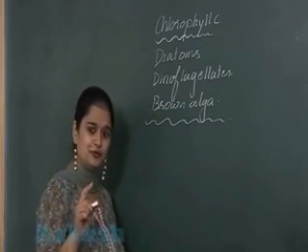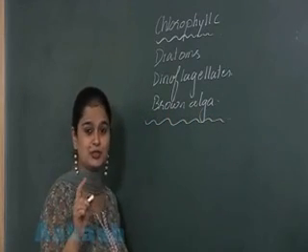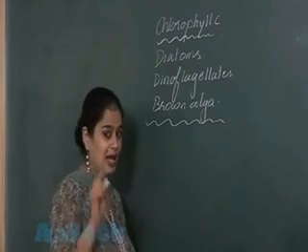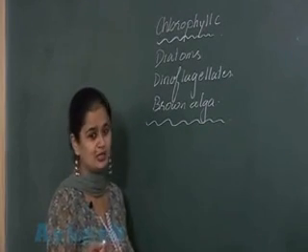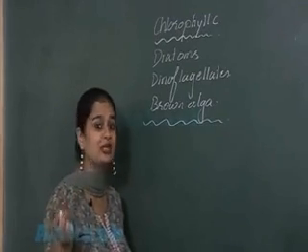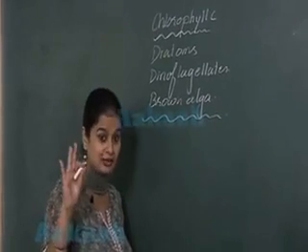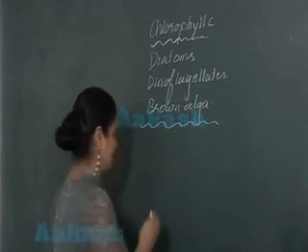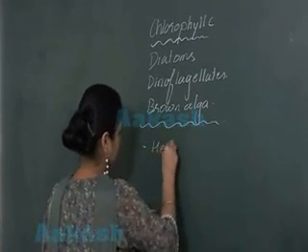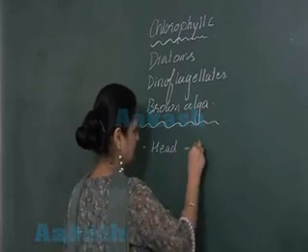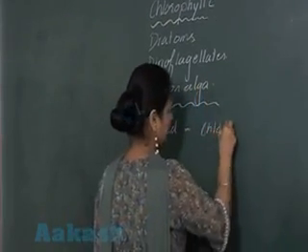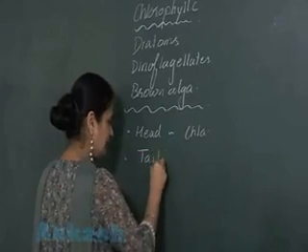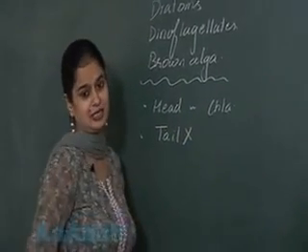Now in chlorophyll C, the porphyrin head is present, and the head of chlorophyll C is almost similar to chlorophyll A. Few changes are there, but the skeleton remains the same. So the head is similar to that of chlorophyll A. But you have to keep this in mind here that now the tail is absent.